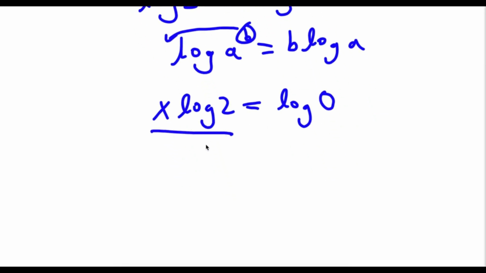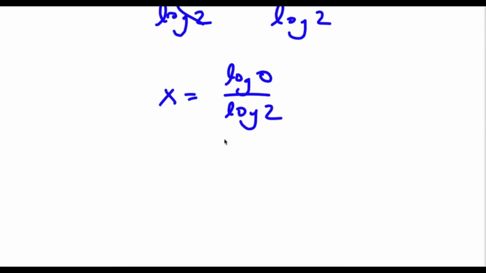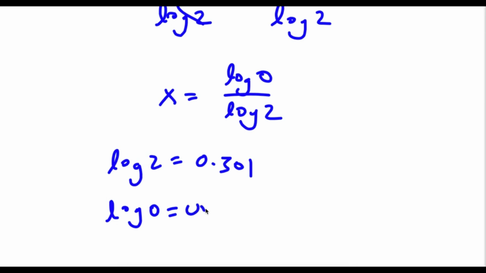Now, I can go ahead and divide both sides by log 2 because I want to isolate x. So then these two cancel out, and I'm left with x is equal to log 0 over log 2. Now, log 2, this is equal to 0.301, and log 0, this is actually undefined.